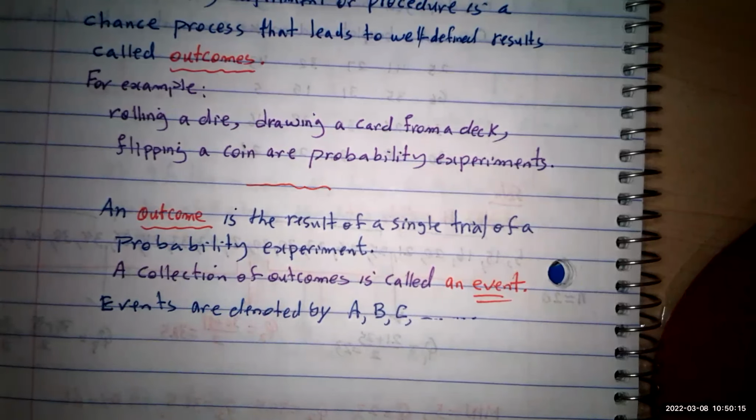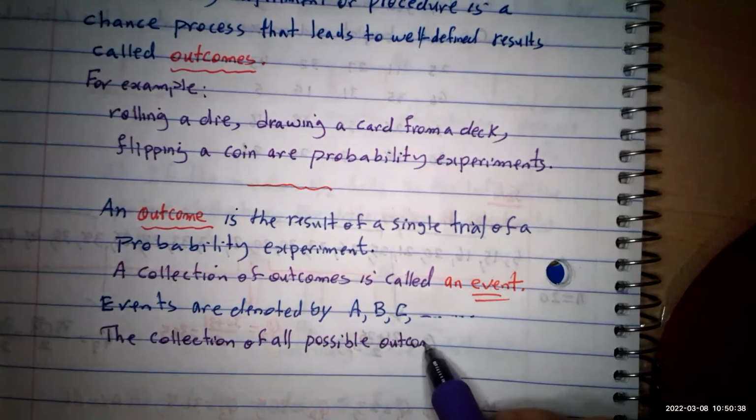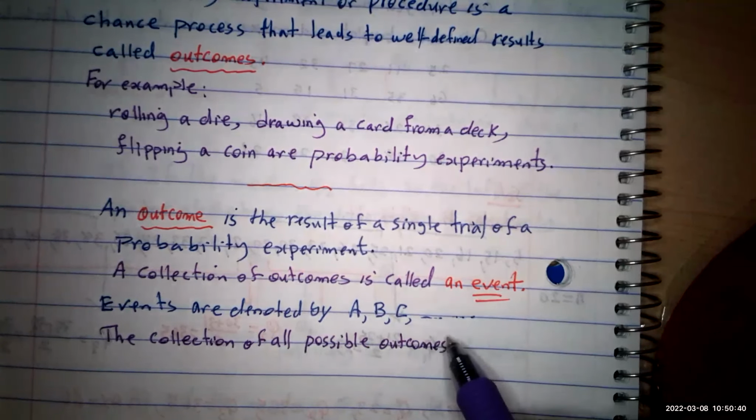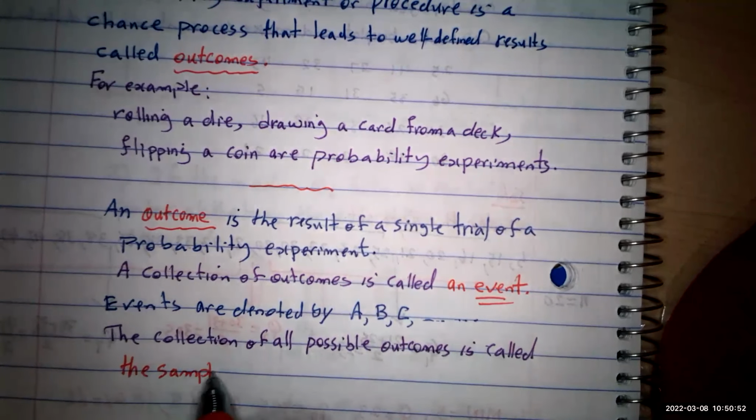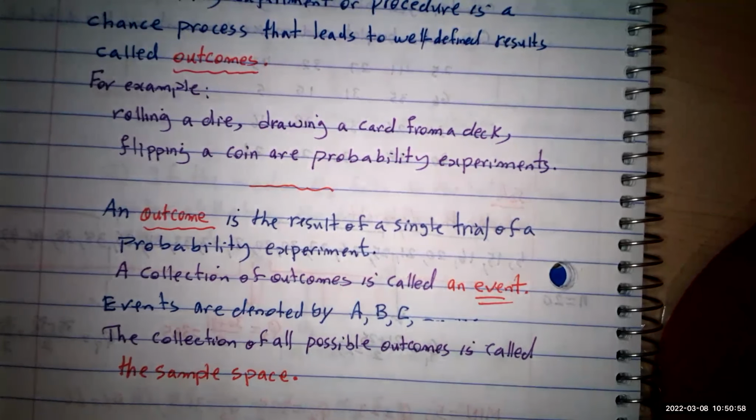So the collection, or the set, of all possible outcomes is going to be called the sample space.